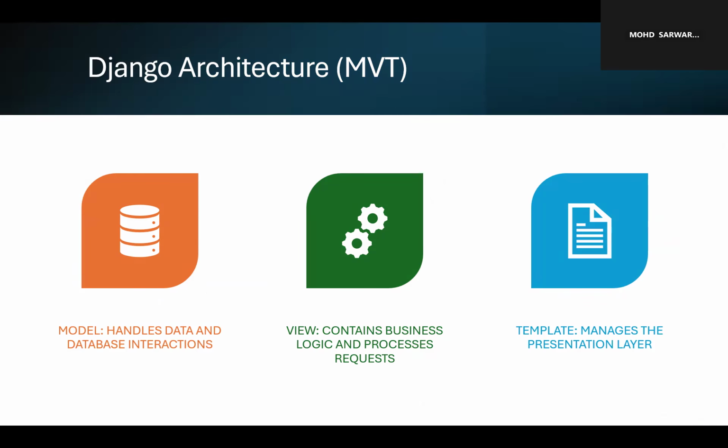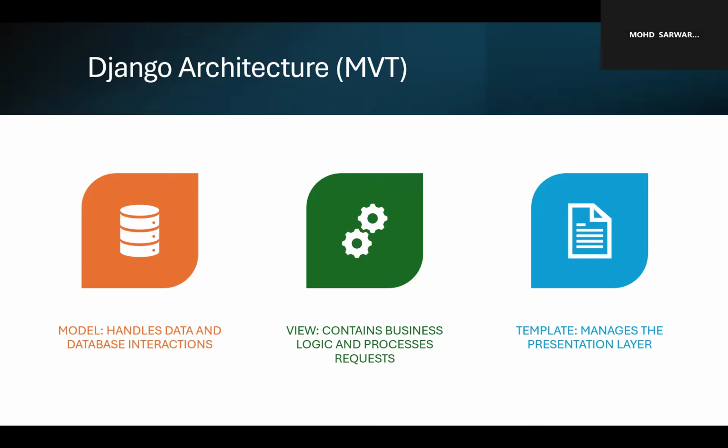The model handles the data and manages interaction with the database. The view contains the business logic. It receives a request, processes it, and decides what data to send back. The template handles the presentation layer and controls how information is displayed to the user.